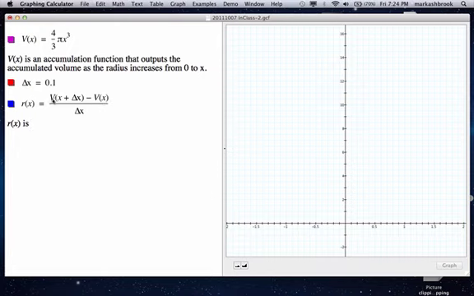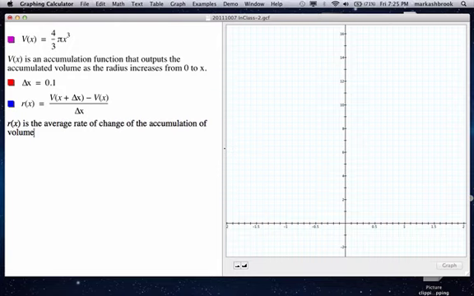Okay, so we have the change in volume over the change in x, or the change in y over the change in x. And we said this is the average rate of change of the accumulated volume at a given radius for a given change in x. So R of x is the average rate of change of the accumulation of volume.